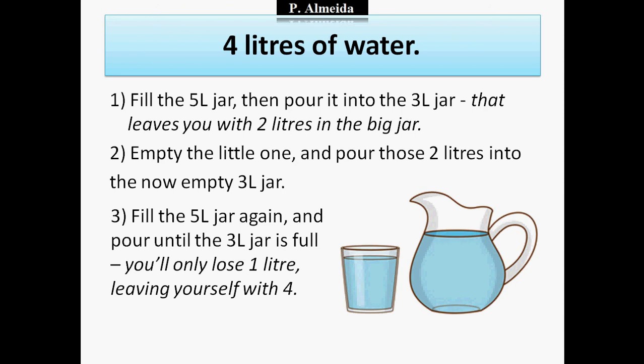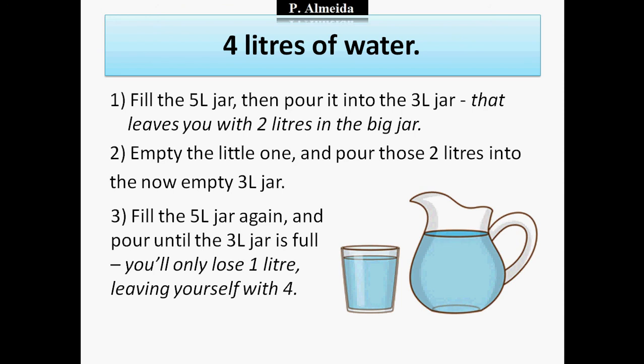So what do you have remaining in your 5 liters jar? That's going to be the 5 liters of water that you filled minus 1 that went to the small jar. So that leaves you exactly with 4 liters in the 5 liters jar.